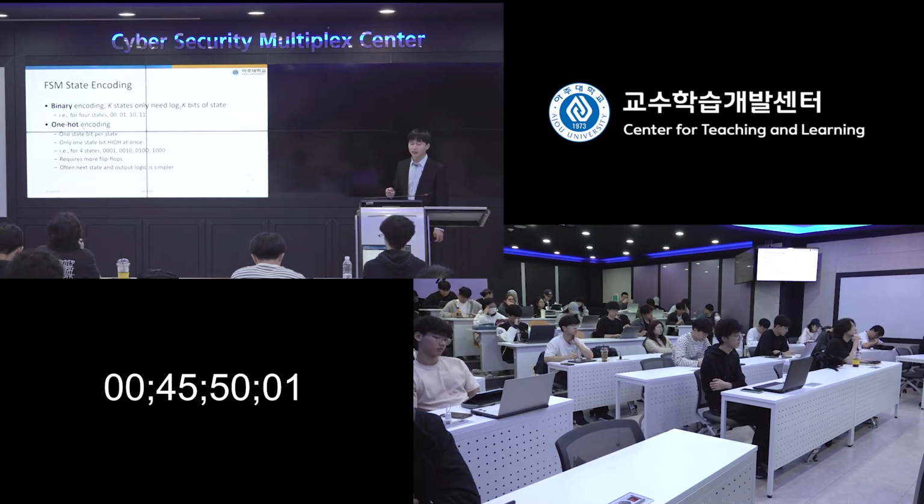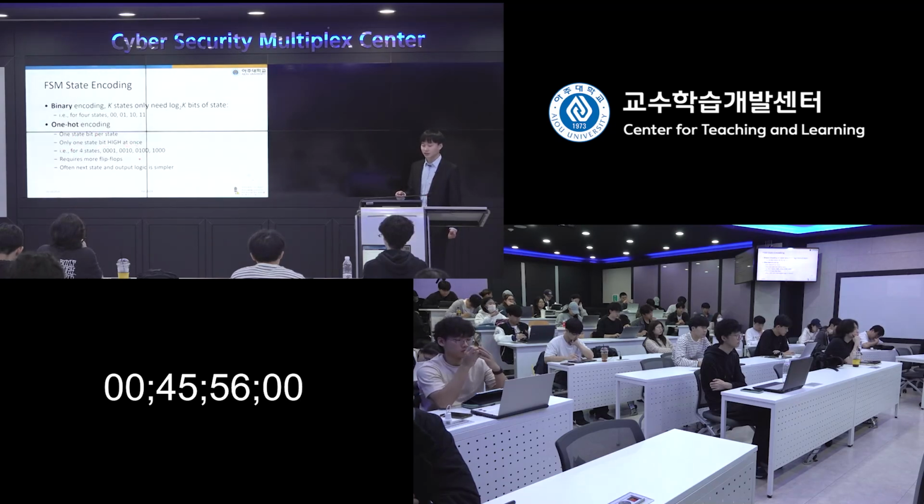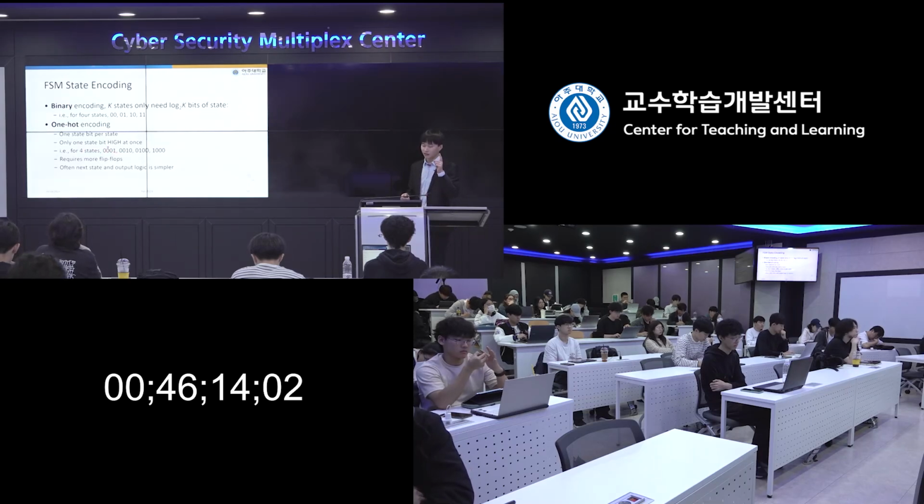We can also use one-hot encoding, in which only one state bit is high at once. Each bit of the one-hot encoding is one state bit. At each time, just one state bit is true and the others are false. For example, if you have 4 states, we need 4 bits to represent them, and only one state bit is high each time.